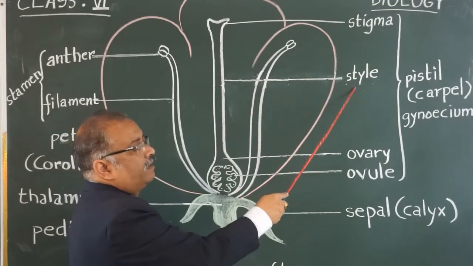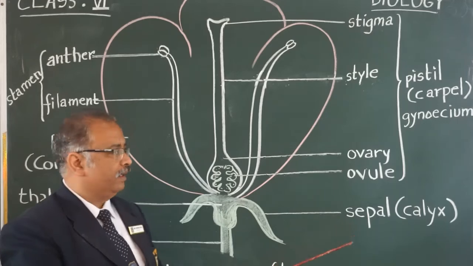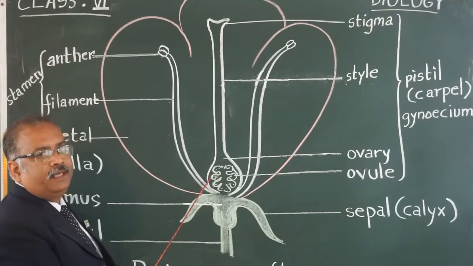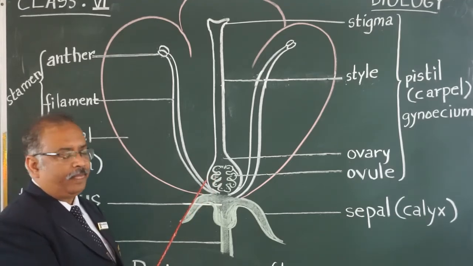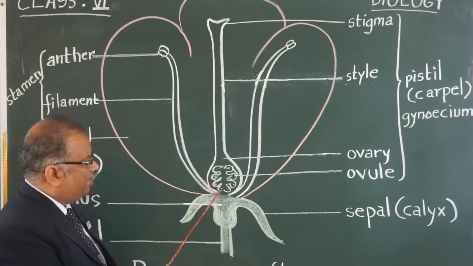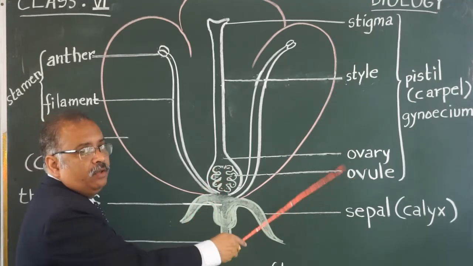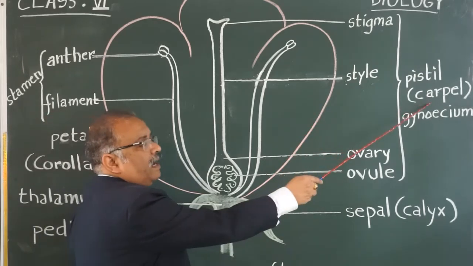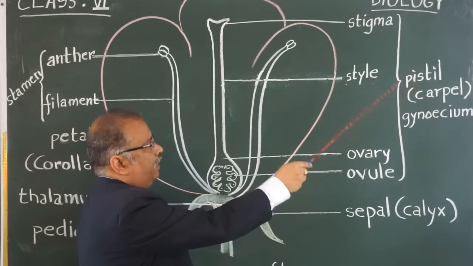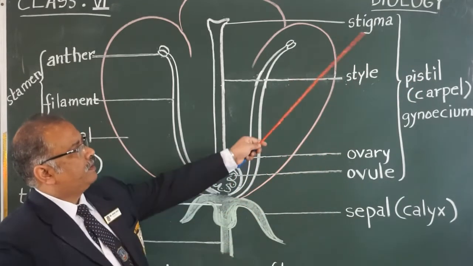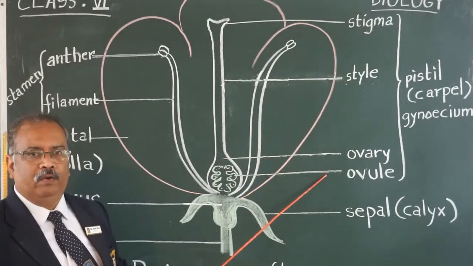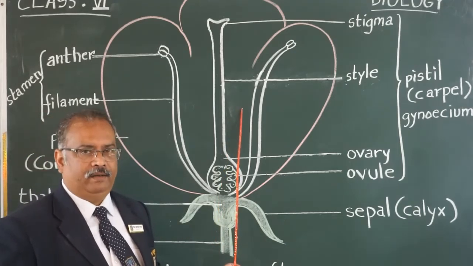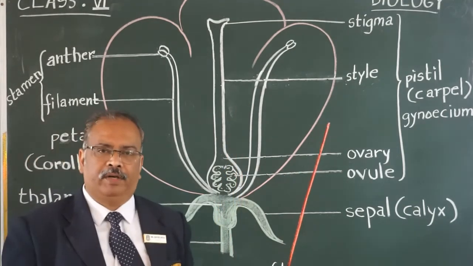In the middle you will see the style, which is a tube-like structure, and here you can see this swollen structure. This is the ovary. Inside this ovary you will find these small egg-like structures. These are called ovules. So these are the various parts of the carpel, another name, pistil. What are the parts? Stigma, style and ovary.